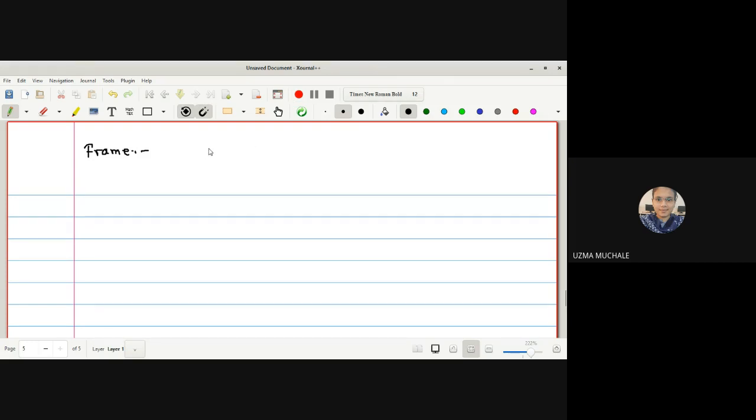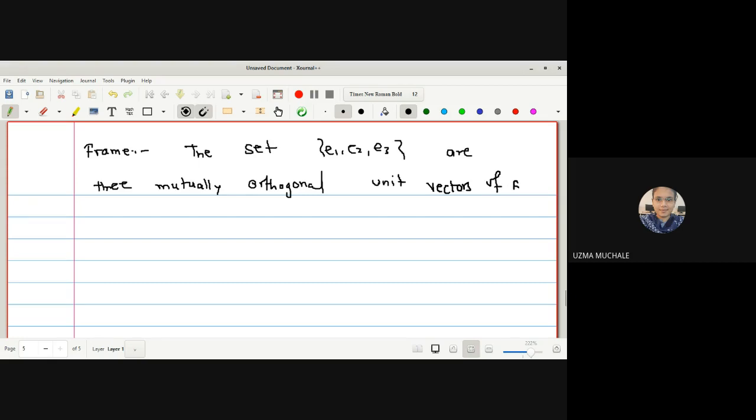The set of three vectors, or you can say the set E1, E2, E3, are three mutually orthogonal unit vectors of E3 at a point P, is called a frame.